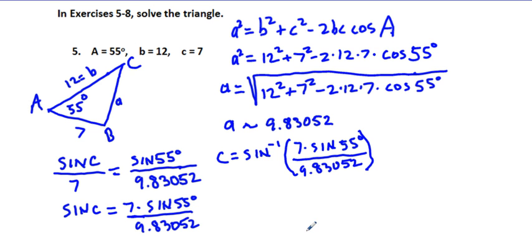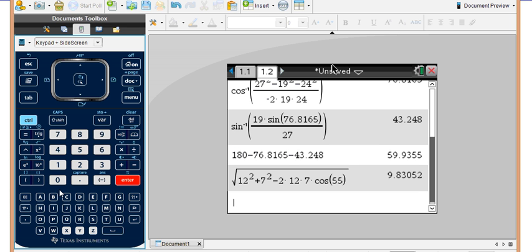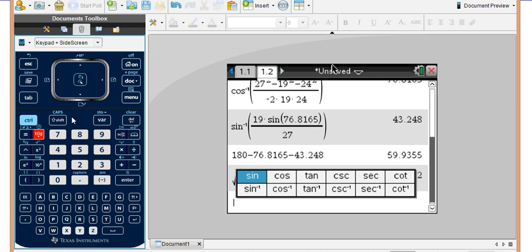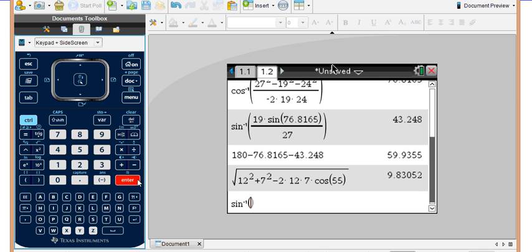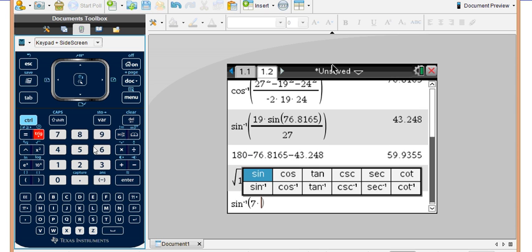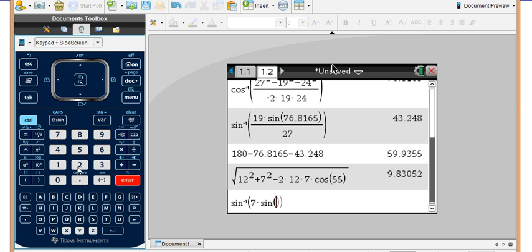And we go to our calculator. We go to inverse sine of 7 times the sine of 55 degrees. And I forgot to put that division first. Let's see if this works.